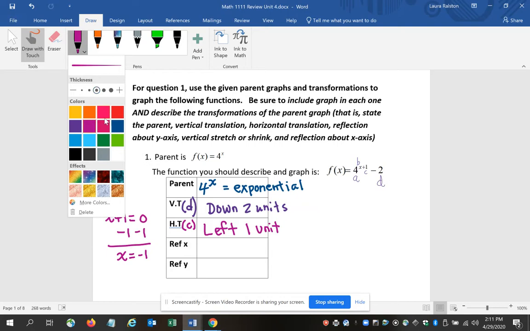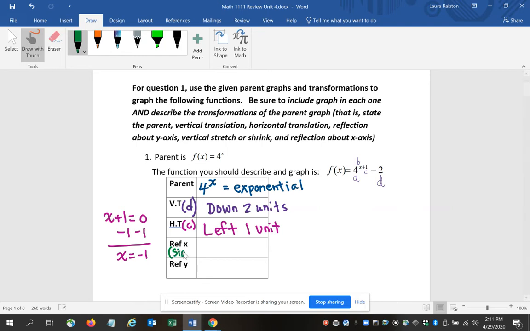The reflection on x is determined by the sign of A. A is positive, so there is no reflection on x.